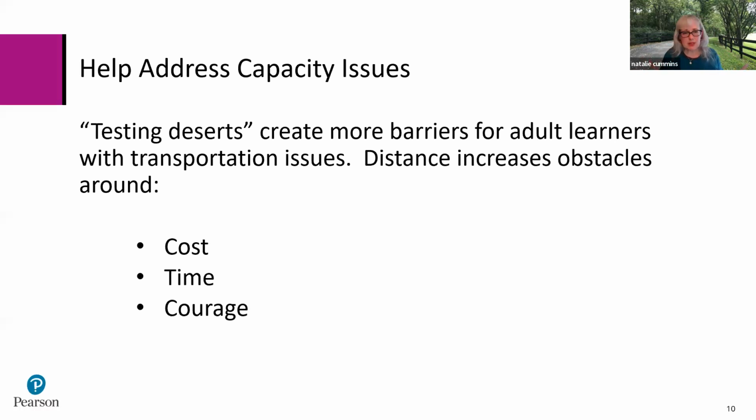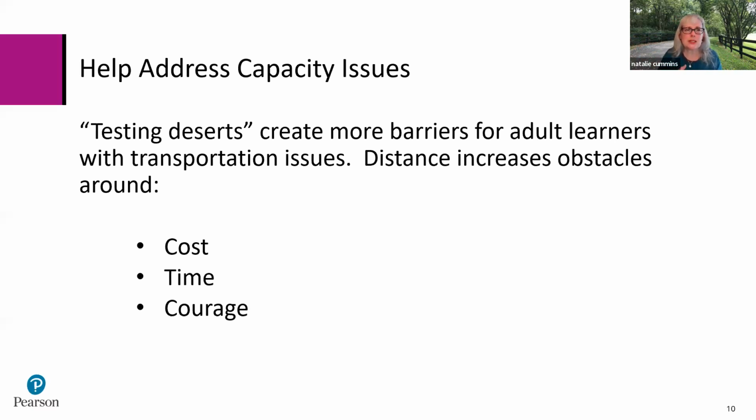The number one concern, of course, that we hear is that adult learners have transportation issues. The more distance you have to travel to get to your testing, the more this increases obstacles around the cost of getting to the test, the gas for the car, if they even have a car, or if they have to borrow a car from somebody.